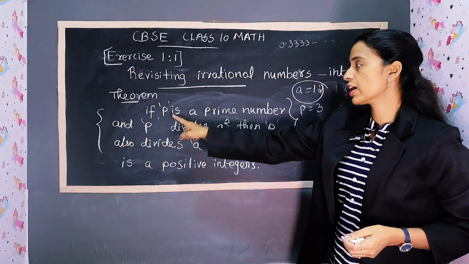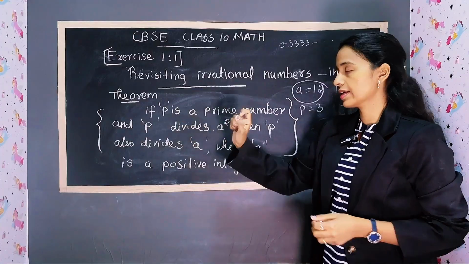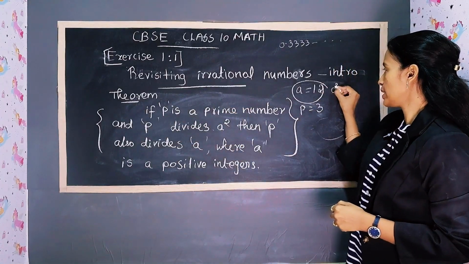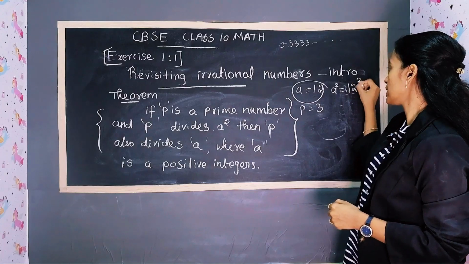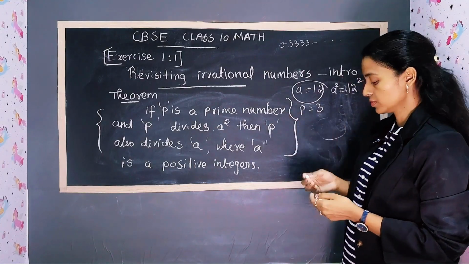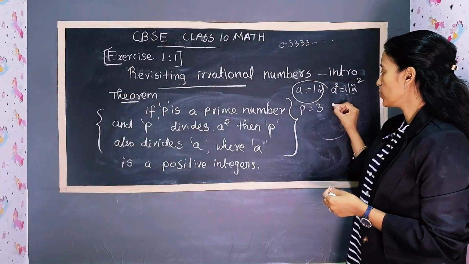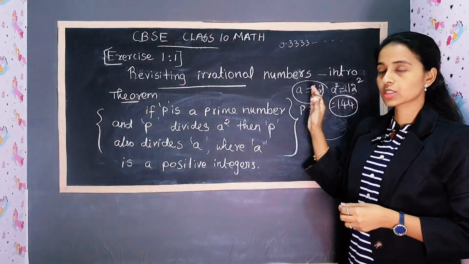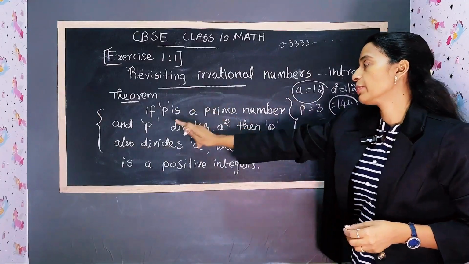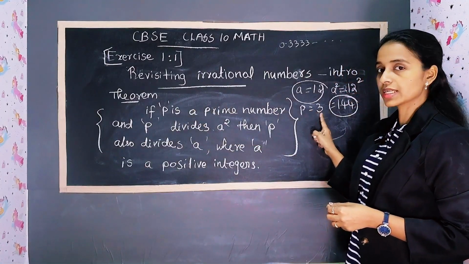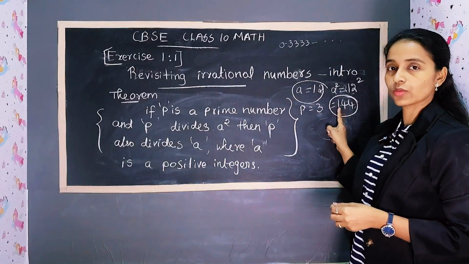Now we have p and a, right? And a square, what is a square here? A square is 12 square, right? The value of 12 square is 144. A square value is 144. P divides a square, this 3 divides a square, 144.